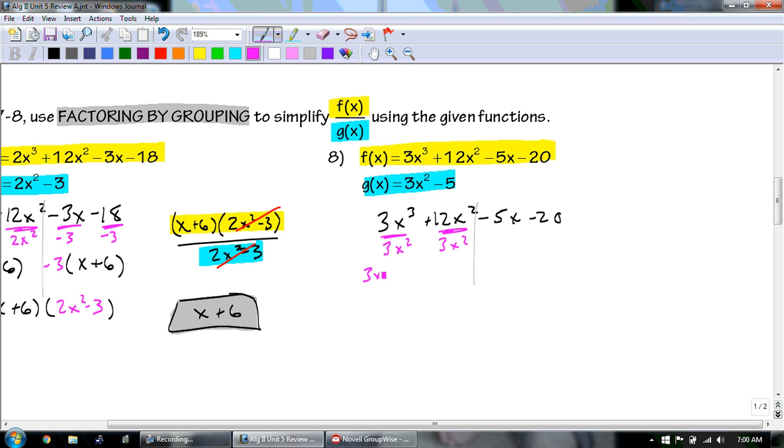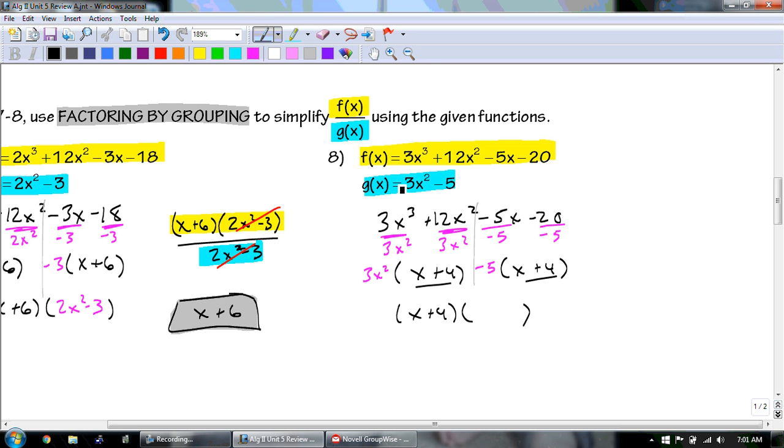The 3x squared comes out front, and then I'm left with x plus 4. I can take out a -5, and then I'm left with x, and the -20 divided by -5 is a +4, and just like I wanted, those match.